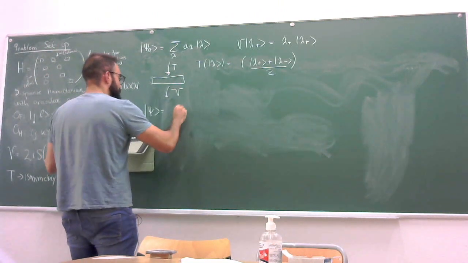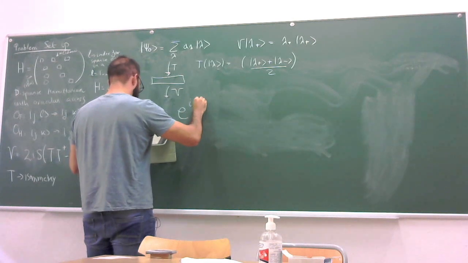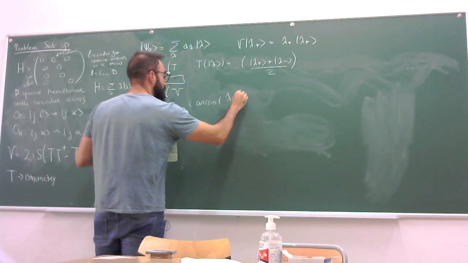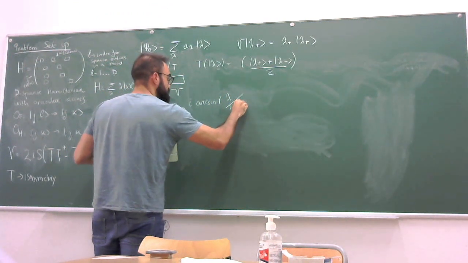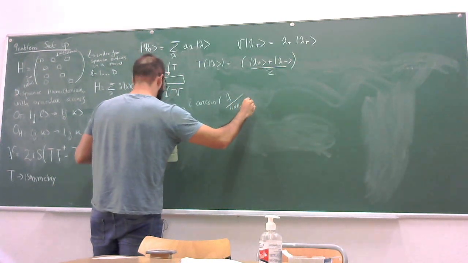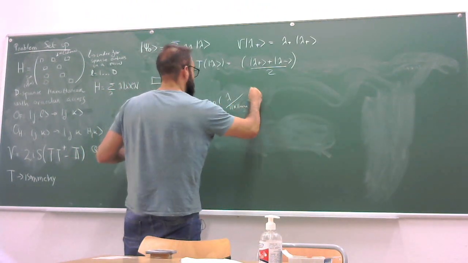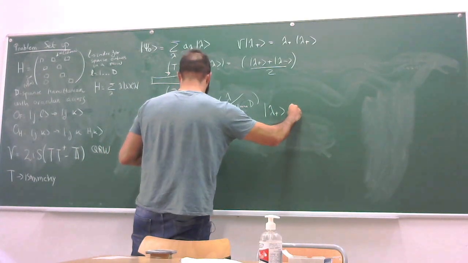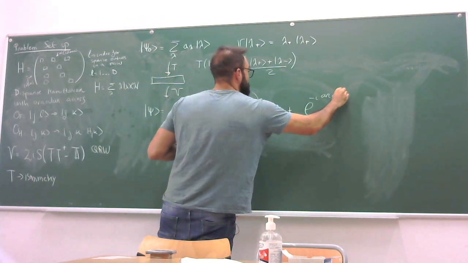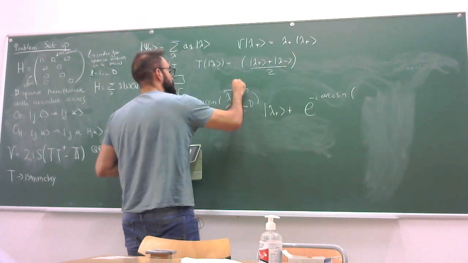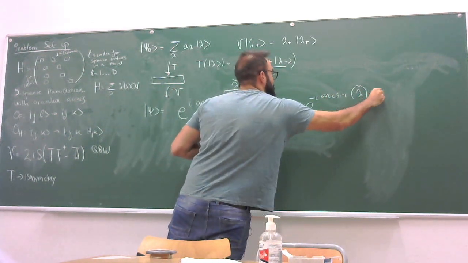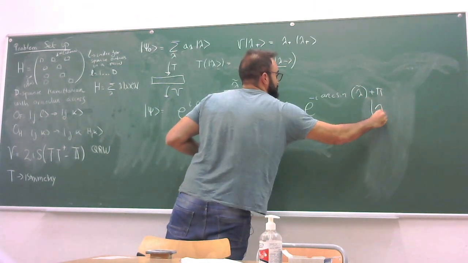The state is going to be the exponential of i arcsine of lambda, where lambda tilde is lambda over max d, lambda plus, plus pi, and lambda minus.